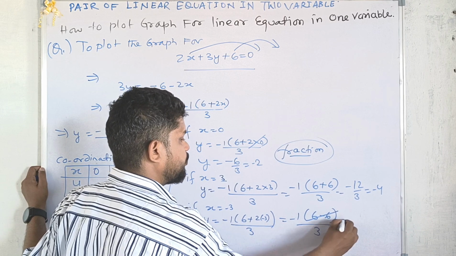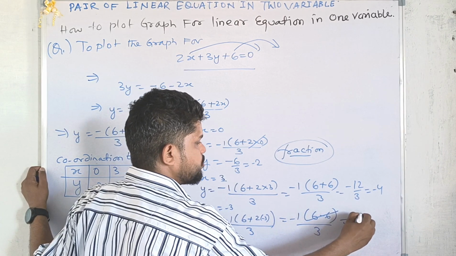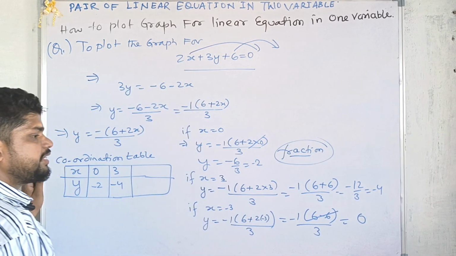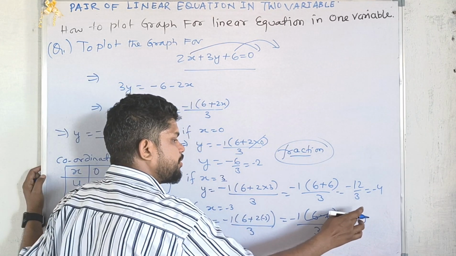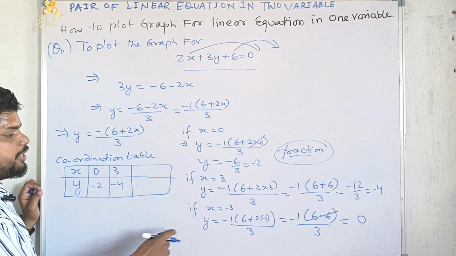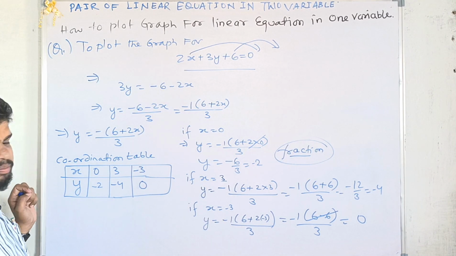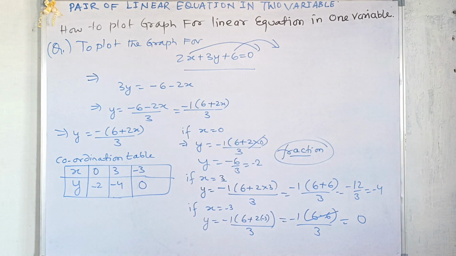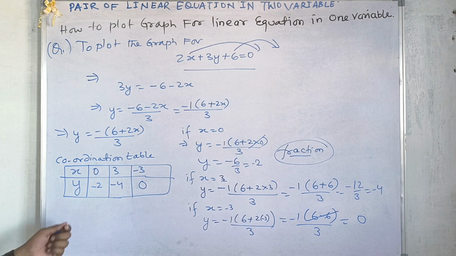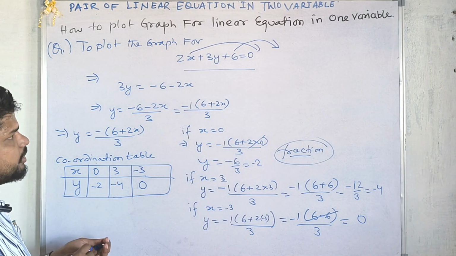This will get cancelled out, only this whole will be 0. So 0 will be the answer. So for the value of x is equal to minus 3, we are getting 0. Okay. For the value of x is equal to 3, we are getting minus 4.